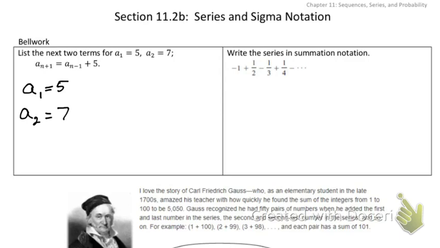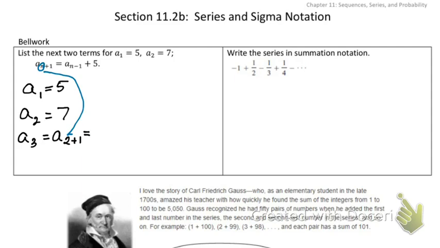Now, to get our next term, we have a sub 3. Well, if we look at our term that we want here, we have a sub n plus 1. So we need to turn it into a sub something plus 1. Well, that would give us a sub 2 plus 1. That would make my n, if we look at my n here, that 2.